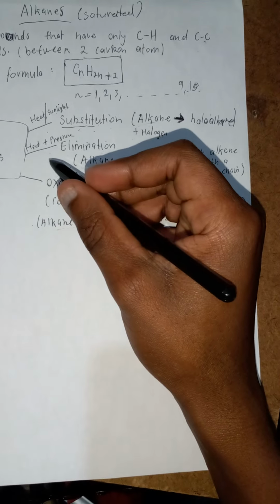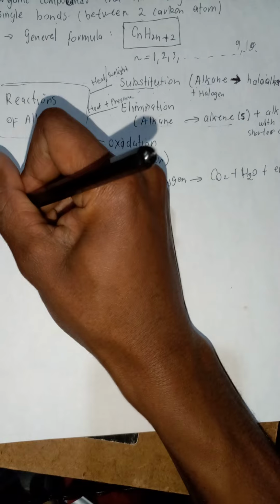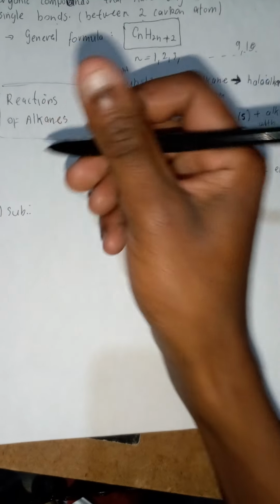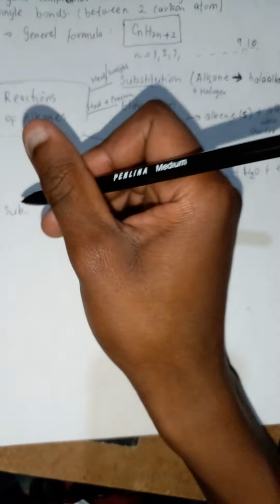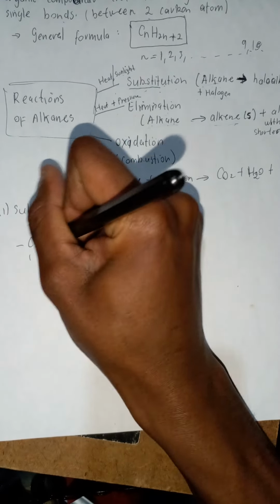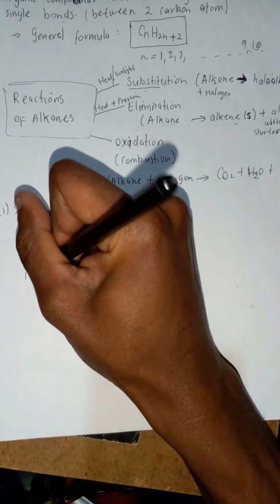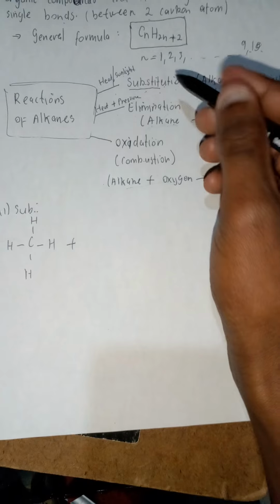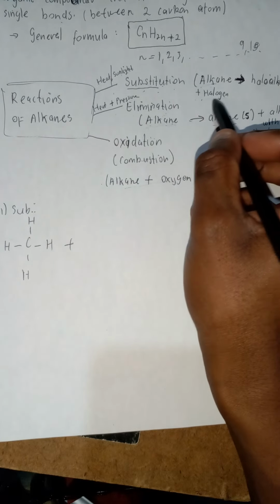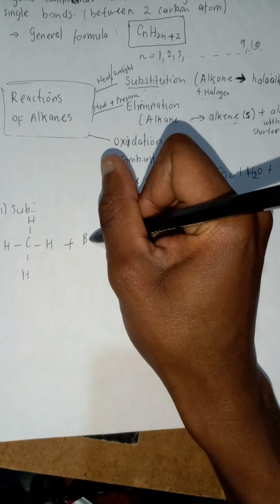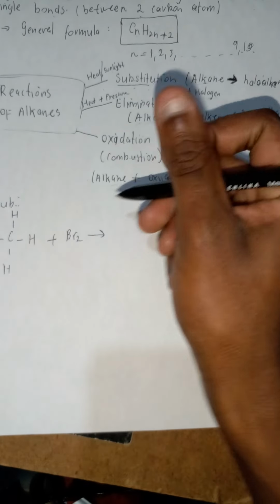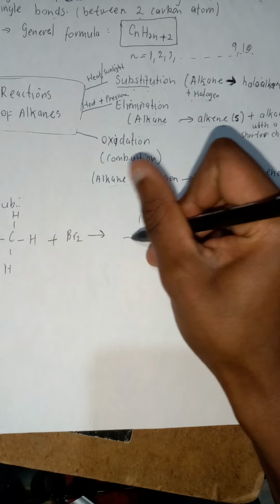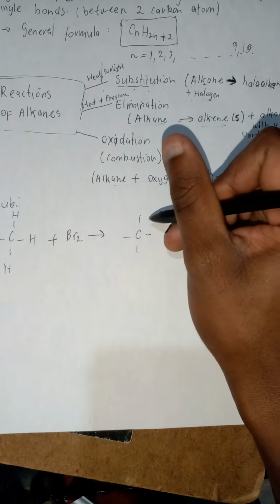Coming to the examples now. One example for substitution, remember, it's an alkane. So let's say methane, which consists of only one carbon. Methane, an alkane, reacts with a halogen, let's say Br2, which is bromine, to form what? To form a bromomethane.